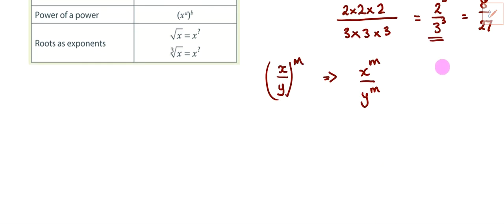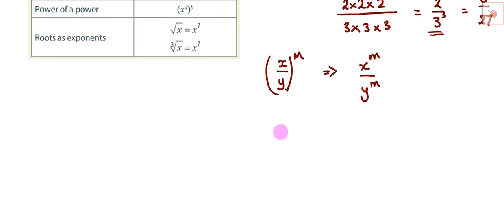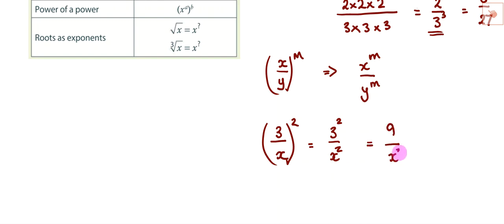The same thing we did before, if you have something like 3 over x all raised to the power of 2, well, that would become 3 squared over x squared, which could then be simplified to 9 over x squared. So you can deal with the number to make it a little bit more simplified, but the variable, the letter, we can't do anything about.